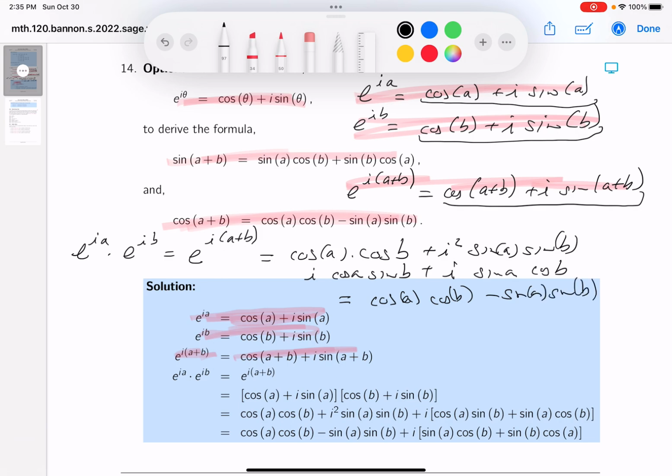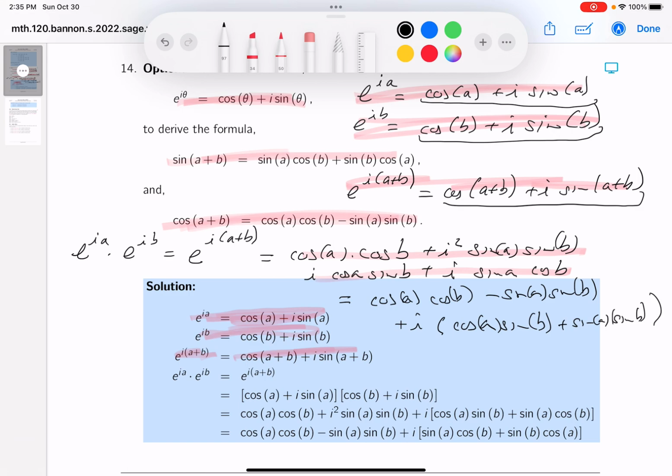All right, so we just took care of this over here. The other thing I noticed about these other two terms over here, I'm just going to factor out an i. And what do you get there? Plus i, and you're going to get cosine A sine B plus sine A cosine B. All right?